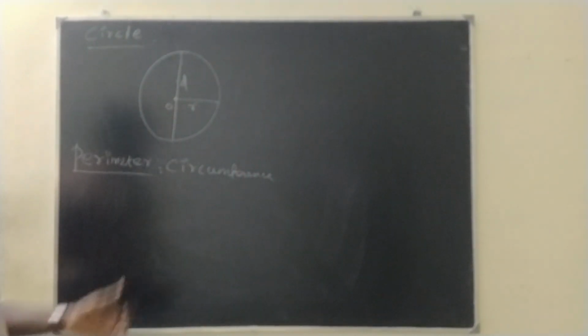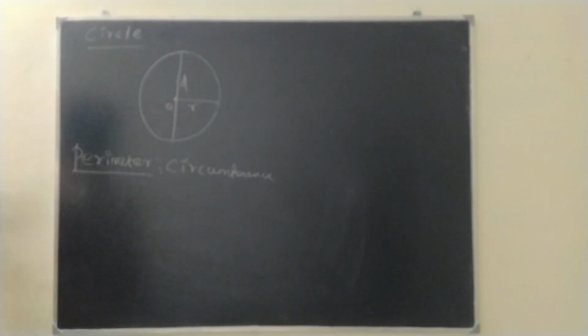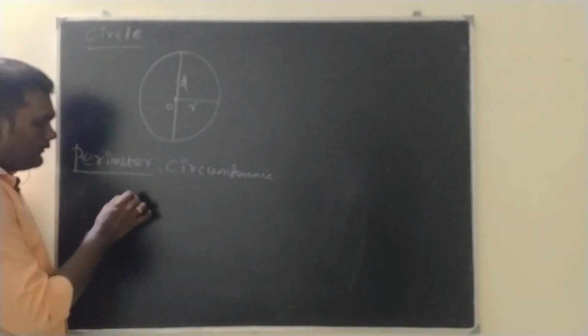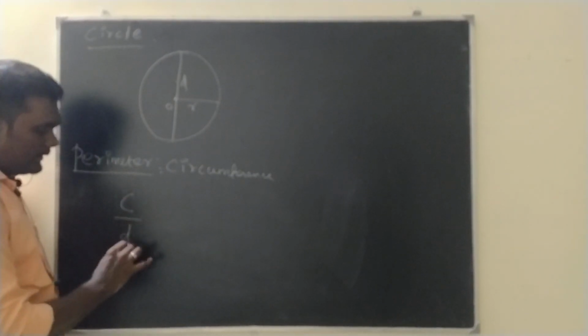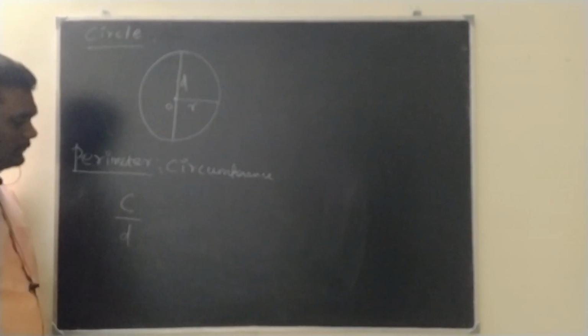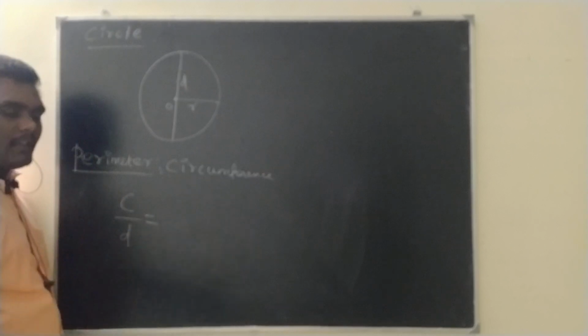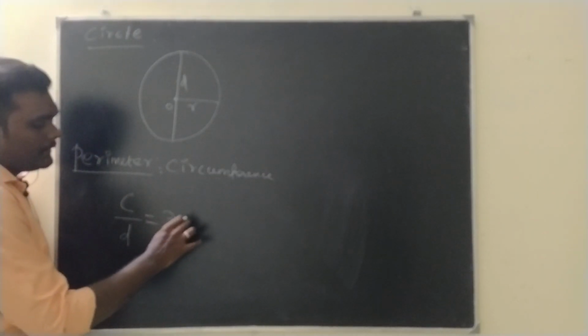The perimeter of a circle is called the circumference of a circle. Why is it so? If you divide the circumference by the diameter, the ratio will always be unique, that is 3.14.